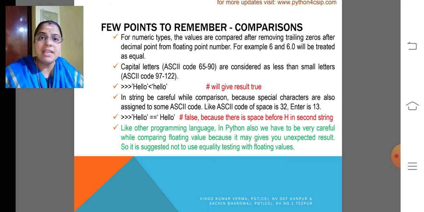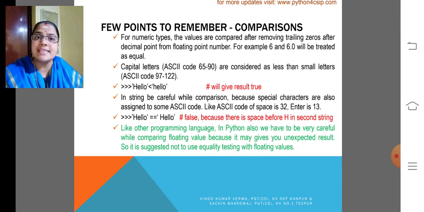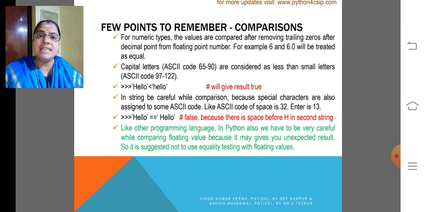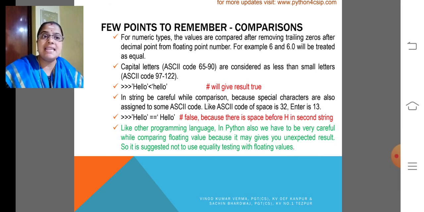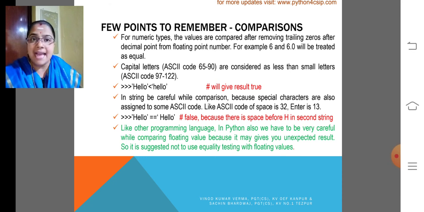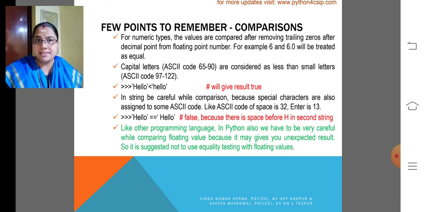For capital A to Z, the ASCII code is 65 to 90. Capital A has 65, B has 66, C has 67, like that Z has 90. Capital letters are considered less than the small letters because the ASCII code of small letters is greater. The small letter a has the ASCII code 97.